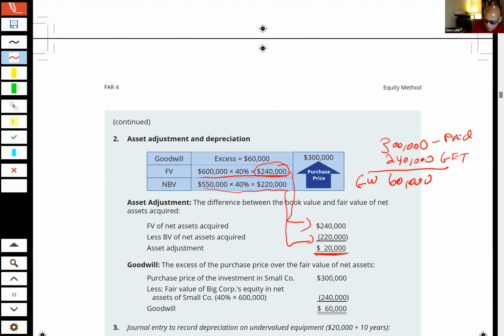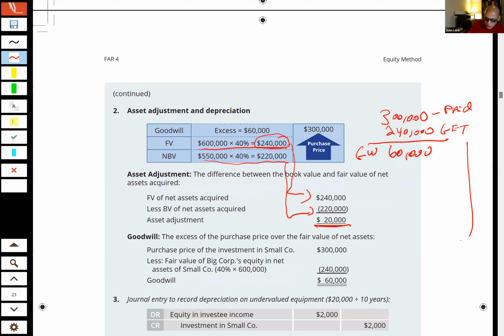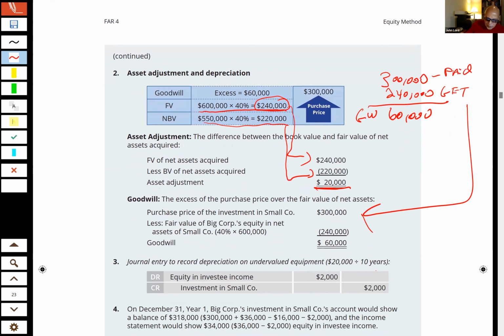So there's a write-up of the assets of 20,000. And guys, I showed you the goodwill calculation right here, but I just wanted to write what did you pay versus what you got. There's the goodwill. But now I need to amortize, depreciate that additional value that I just applied to the equipment.